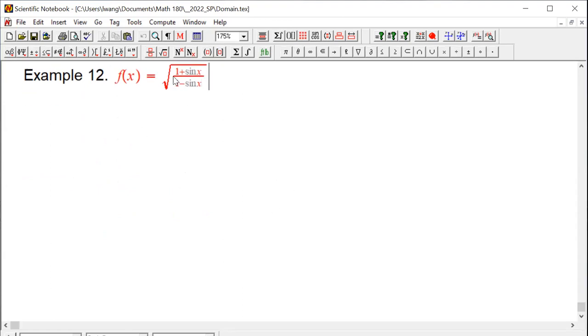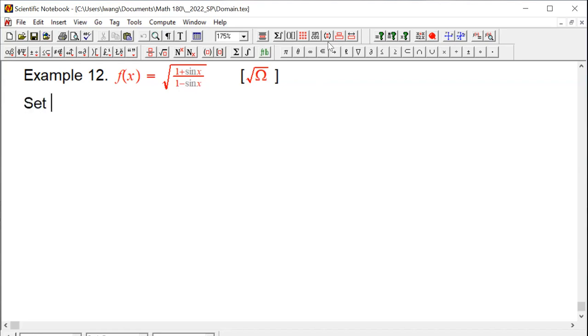First things first, you see this as a giant square root of something, and this piece has to be greater than or equal to 0.